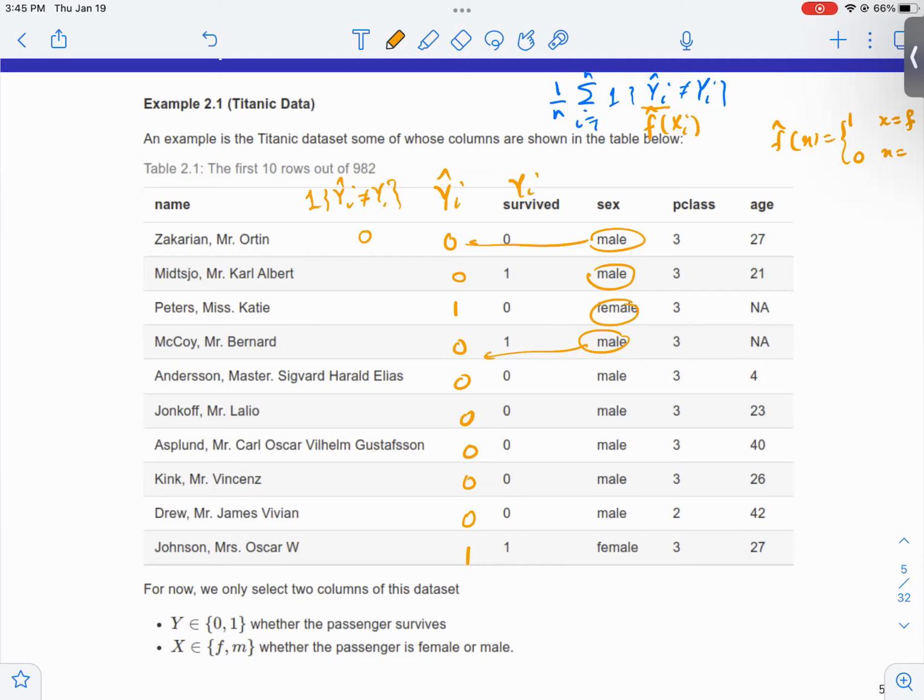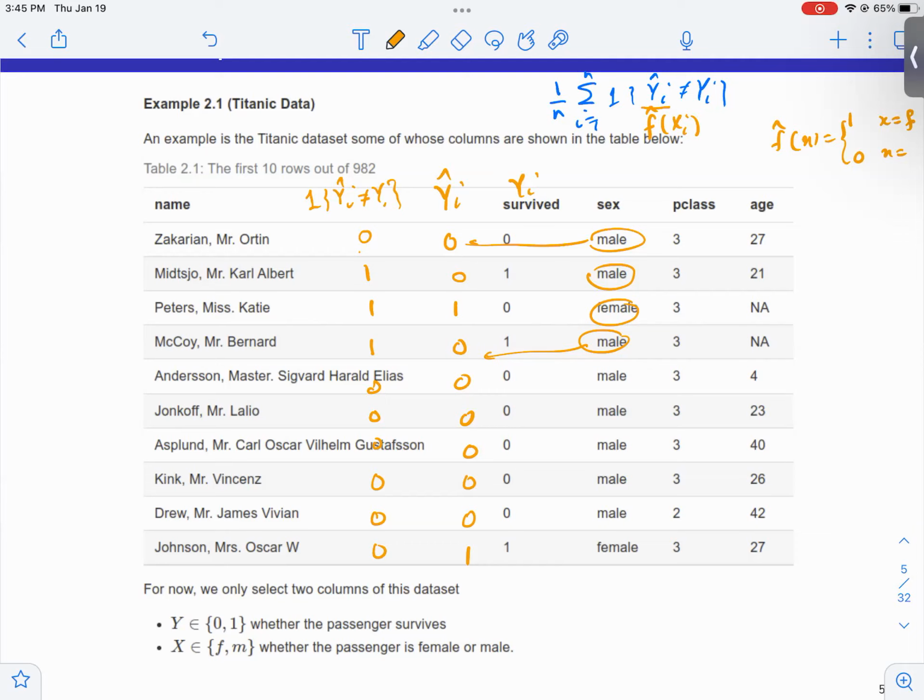Here they're equal, so this condition is not satisfied, so this is going to be 0. Here it's going to be 1, here 1, here 1, and then 0, 0, 0, 0, 0, 0. As long as they mismatch, we pay a price of 1. So you get 3 mismatches.